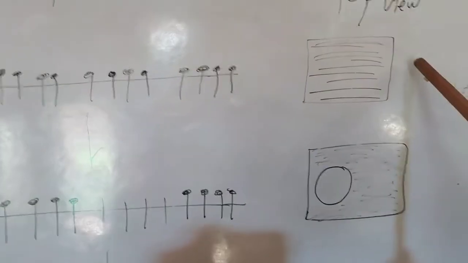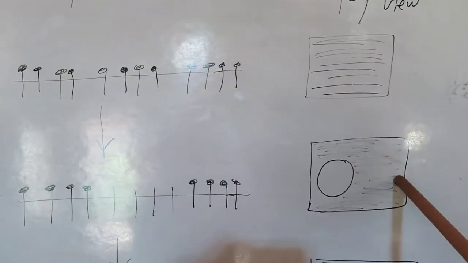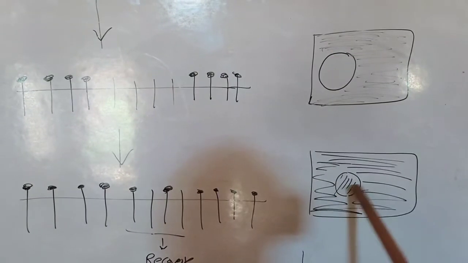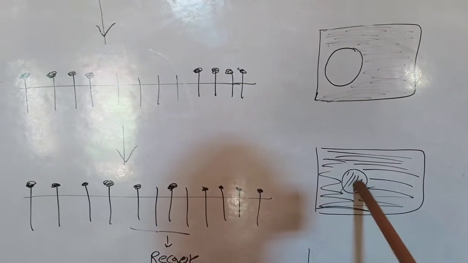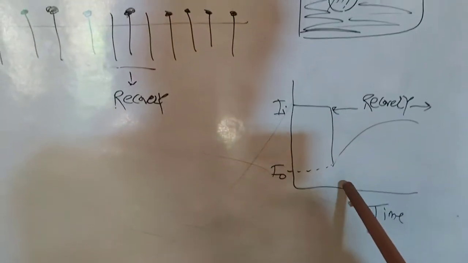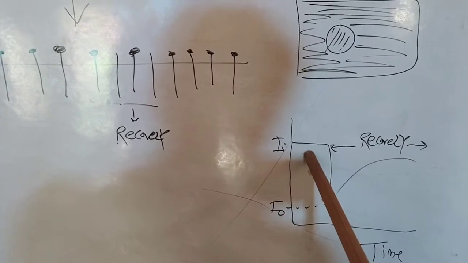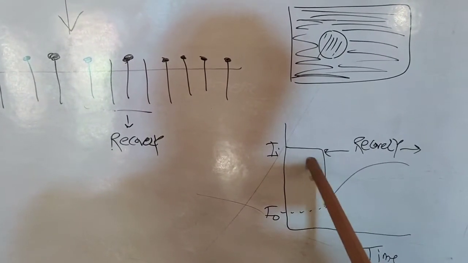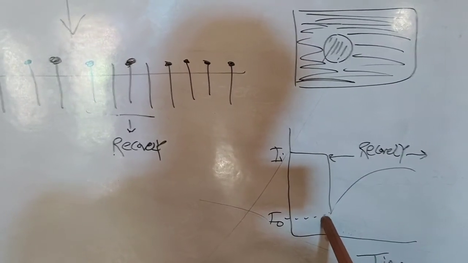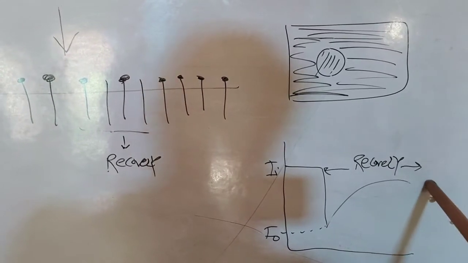If you come to the top view, these are the fluorescent labeled molecules, and after giving them the laser beam, this will be the top view, and after recovery you can see this area has recovered its fluorescence. Now if you draw a graph of intensity over time, in the beginning the intensity was higher, and after giving them the laser it has been depleted, and during recovery the intensity is increasing.